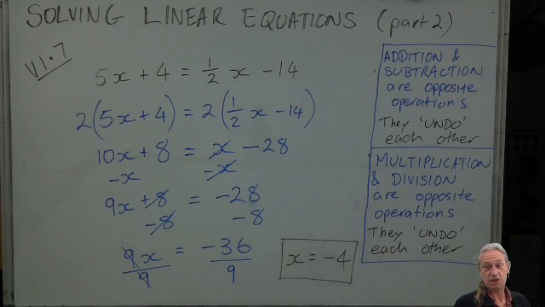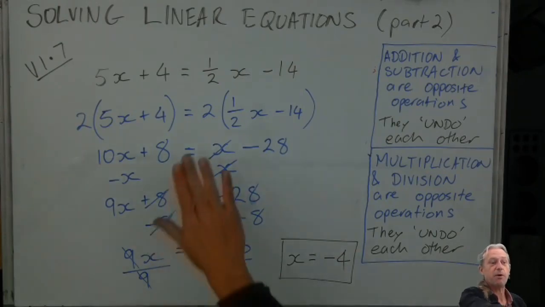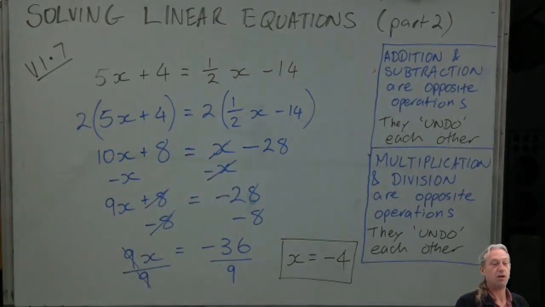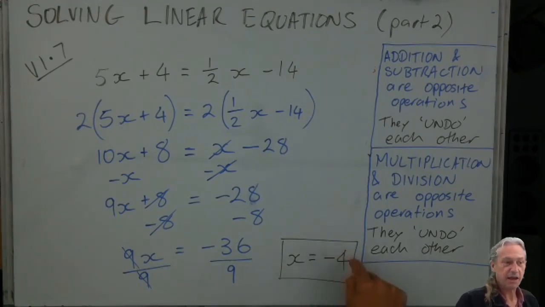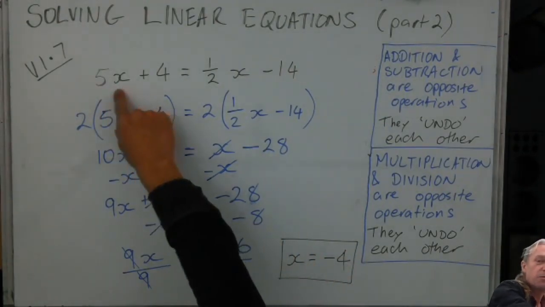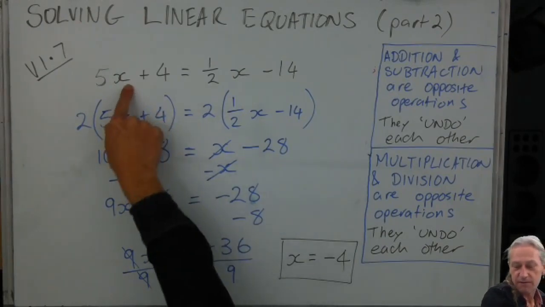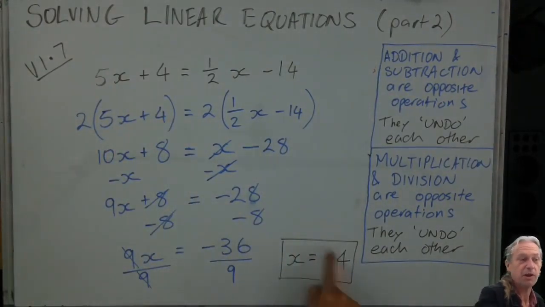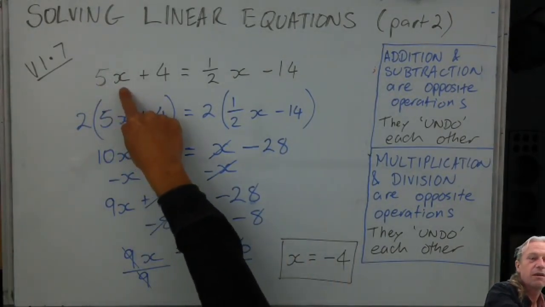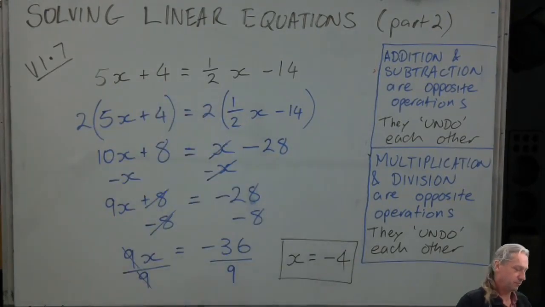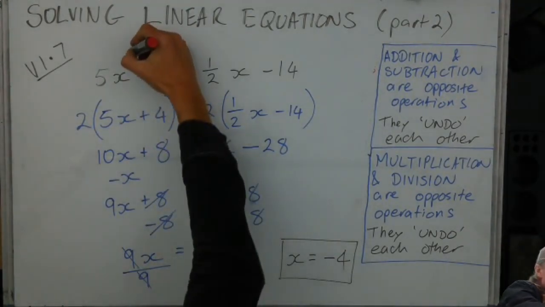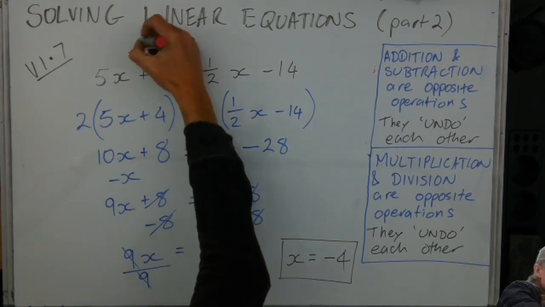And just to check, let's plug it into both sides up here. So I won't write it down, but if we were to take negative 4, multiply it by 5, so 5 times 4 is 20, but we'd have negative 20, and then we add 4, we'd end up at negative 16.